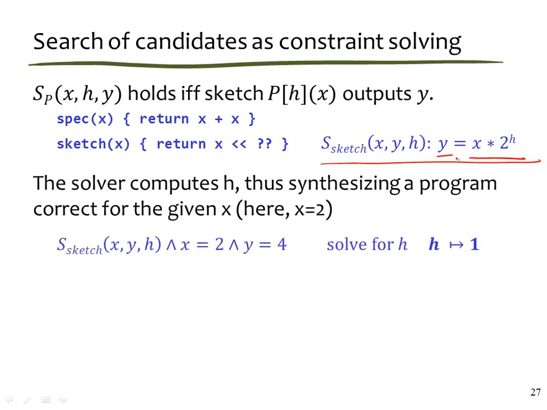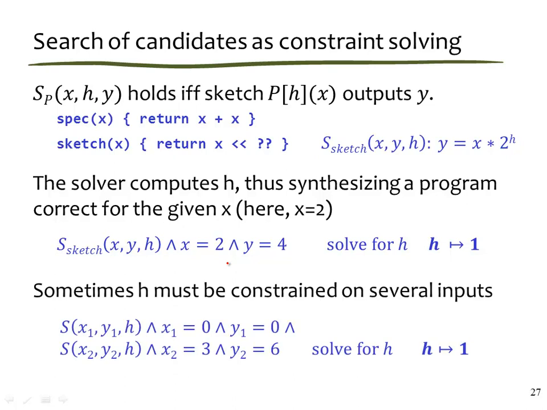If we assert the formula plus input plus output, and we solve for the hole, then we obtain a completion of the program. Of course, we only get a program that is guaranteed to be correct on this particular input, on x equals 2, but if those inputs are chosen carefully, we get the correct program, correct for the rest of the inputs as well.